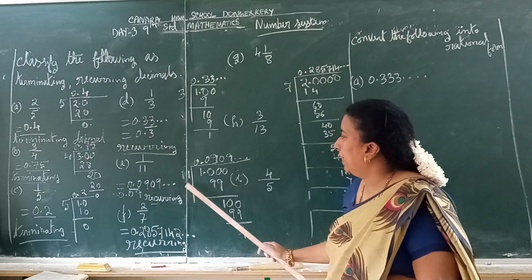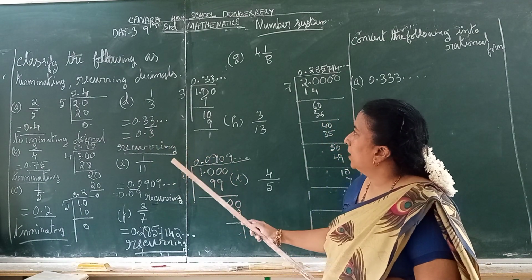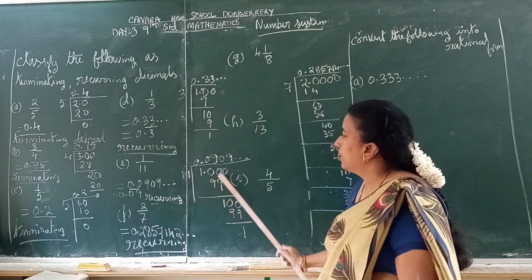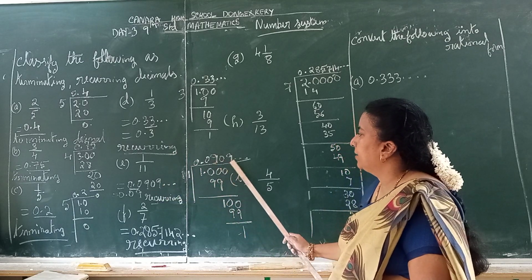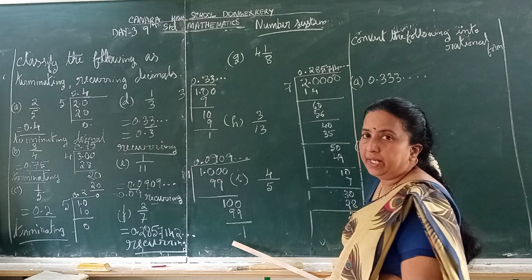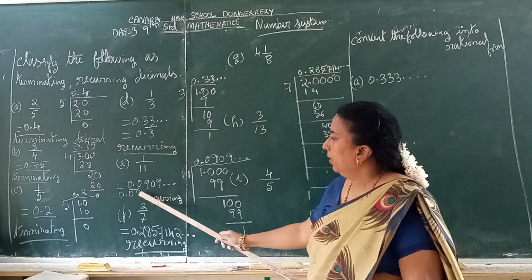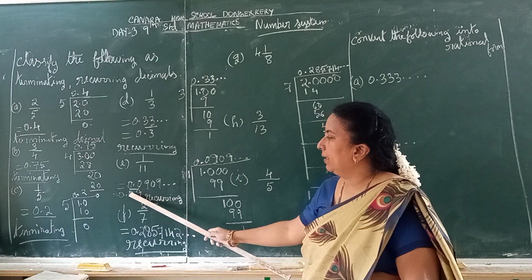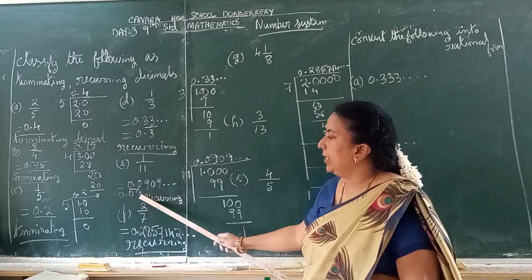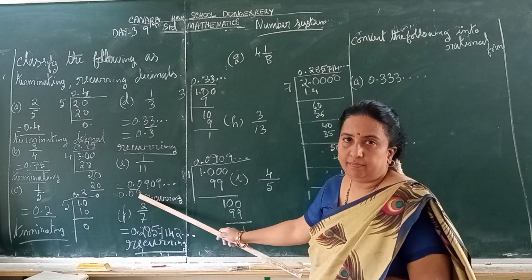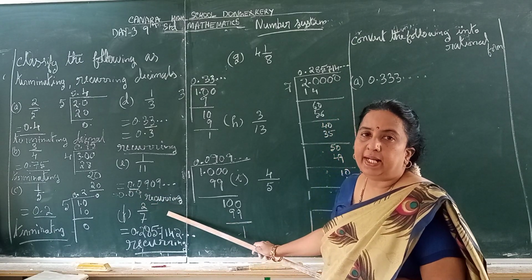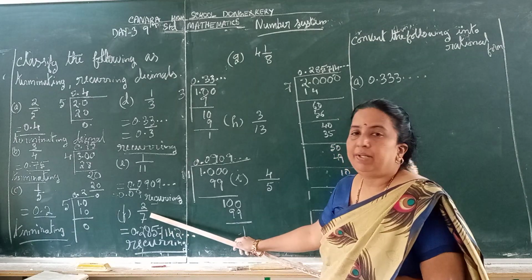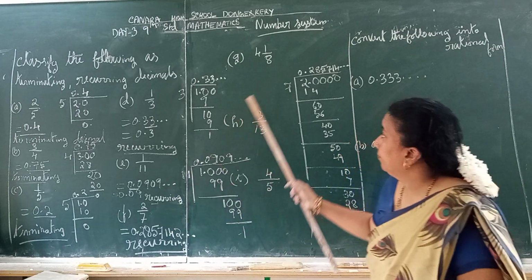Next 1 by 11. There also you will get 0.09090909 repeating. Therefore, 2 digits are repeating, so a bar over 0 as well as 9. Answer is recurring. Next we did 2 by 7.